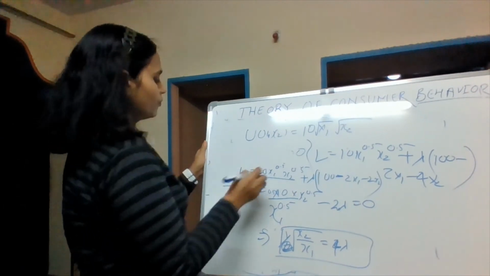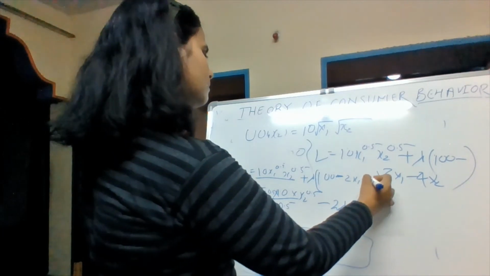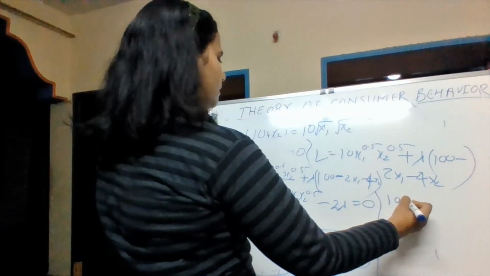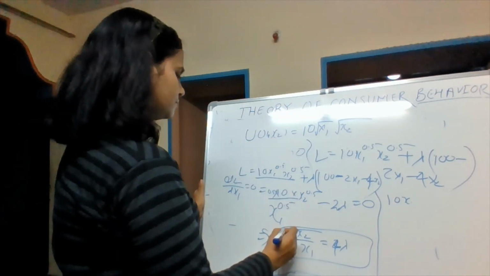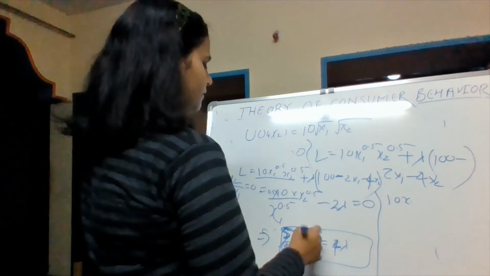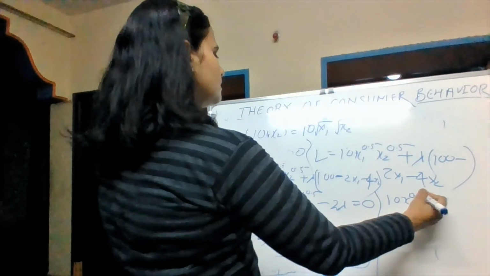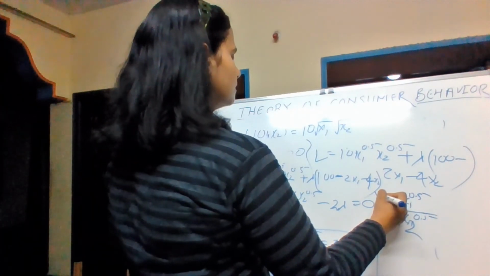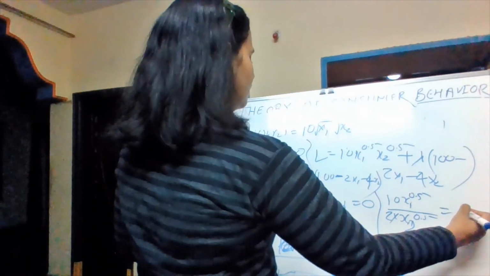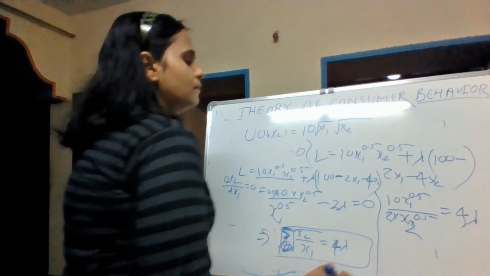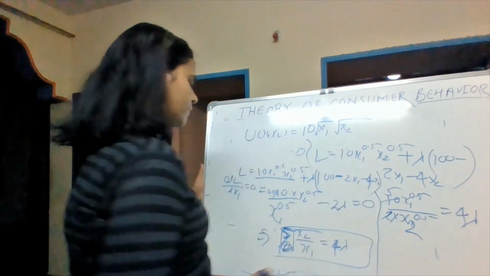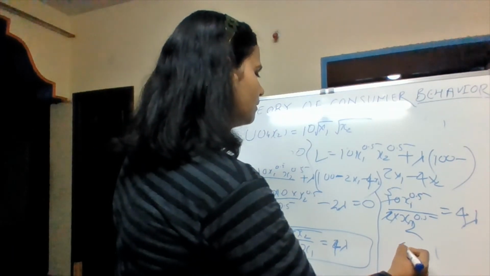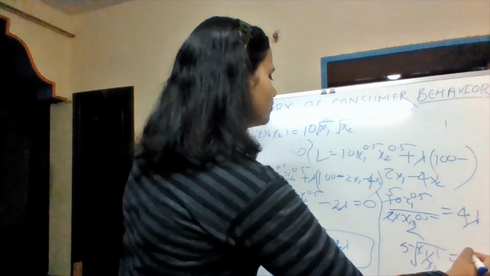Now if you differentiate by dx2, on a similar pattern, 10 x1^0.5 times 0.5 divided by x2^0.5 equal to 4 lambda.